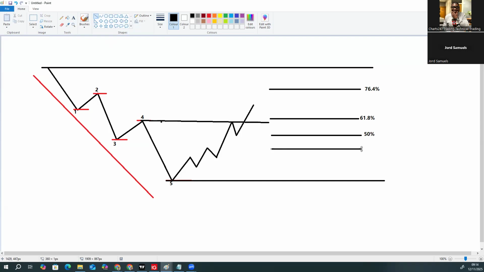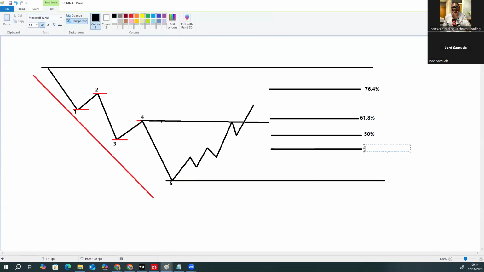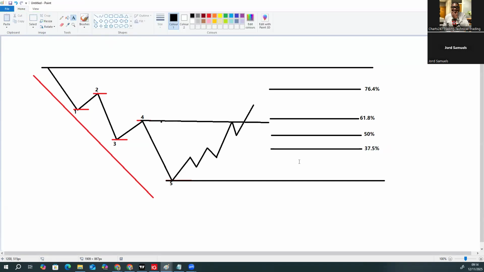I use the 37.5, which is a Murray math level. It's very powerful level, 37.5. Okay. There are other levels that people use, like 23.6. I don't use that because I believe, from experience, the 37.5% is stronger than the 23.6 or even the 38.2. So I normally just use the 37.5, 50, 61.8, and 76.4.